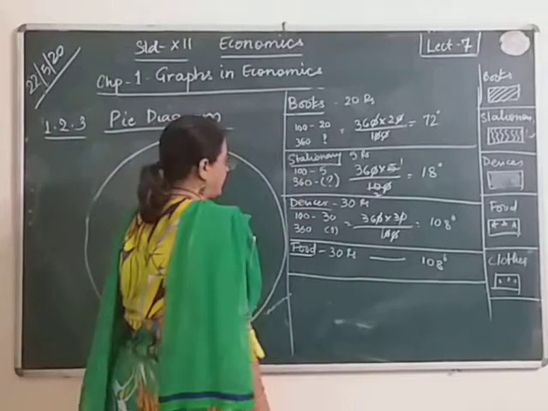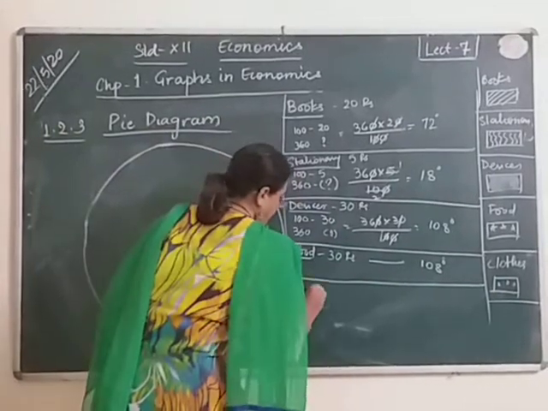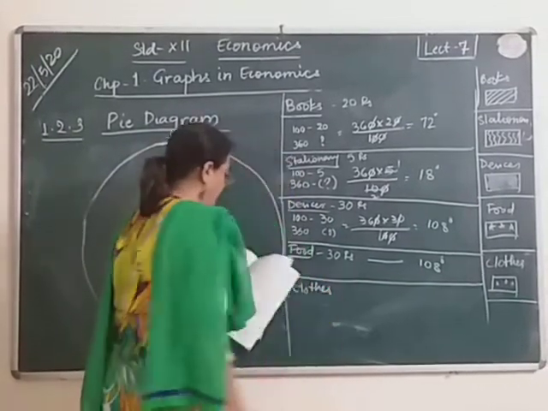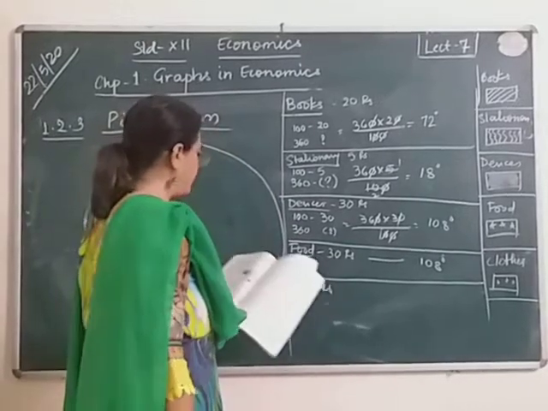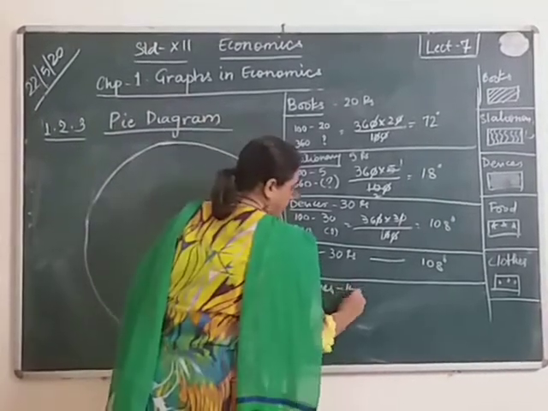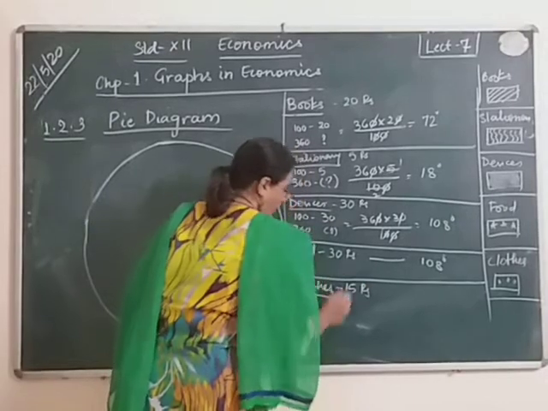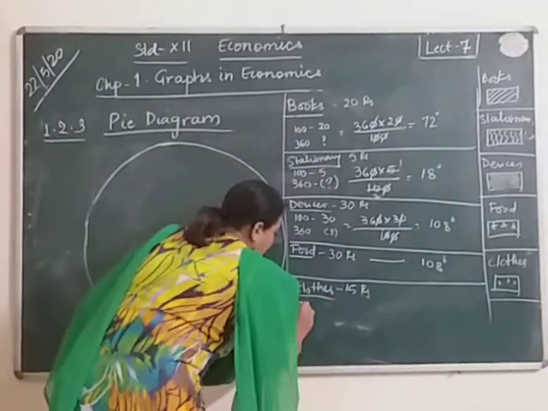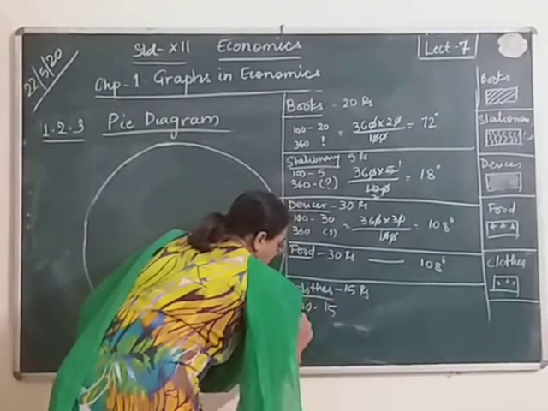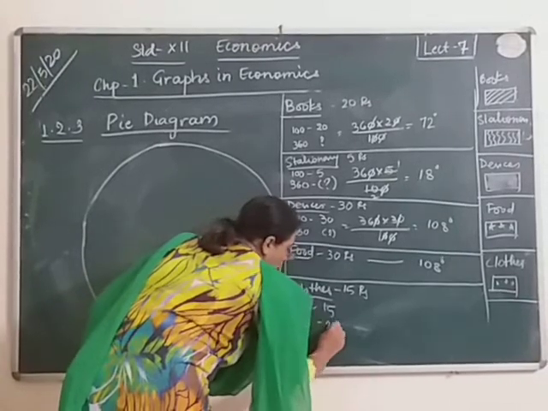Okay, then come clothes. For clothes he spends 15 rupees. If out of 100 he is spending 15 on clothes, out of 360 how much would it be?